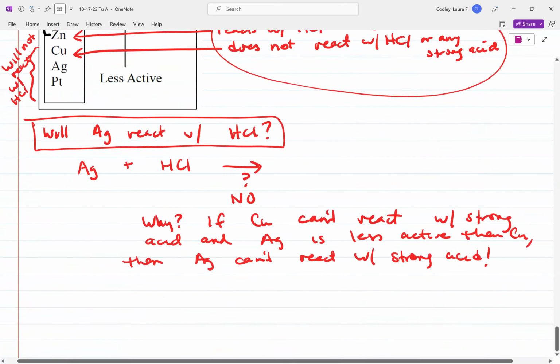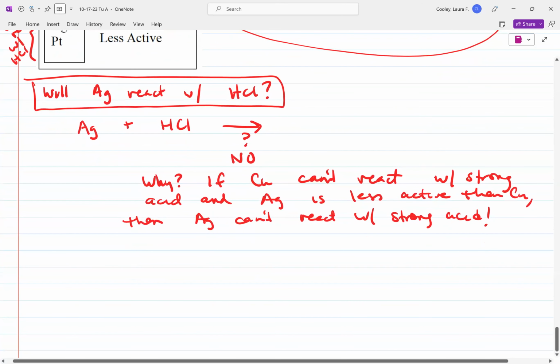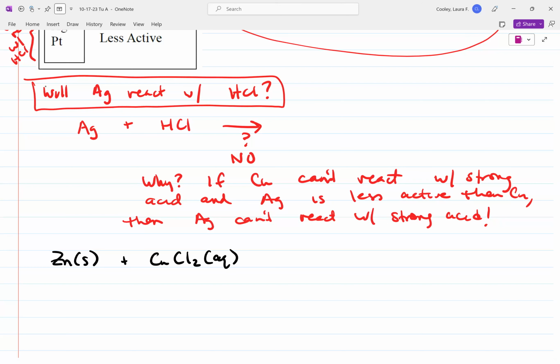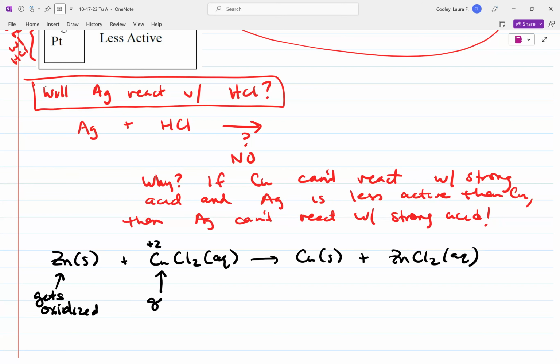So I just want to give you a little more terminology here. Here was that acid plus salt reaction that we looked at. And we already determined that zinc gets oxidized. And the copper, which is +2, gets reduced.